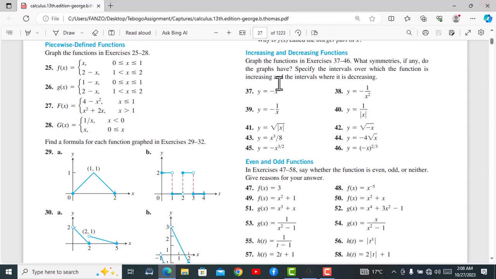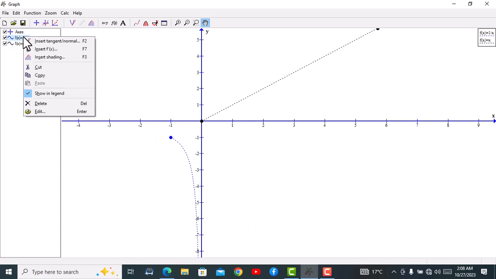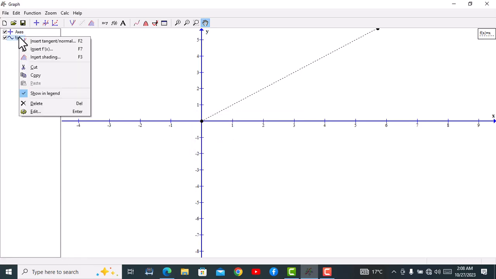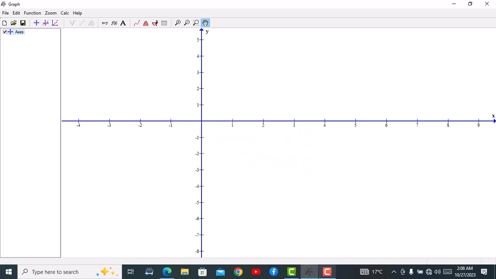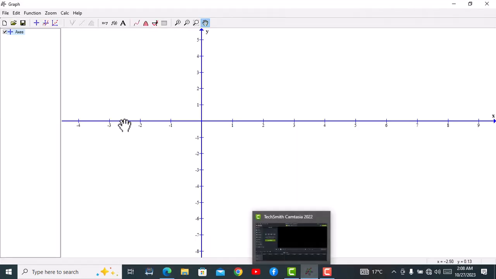And we will start with the very first one. So let me just do this. Let me just get rid of this. Yes. So the first one is y equals minus x^3.